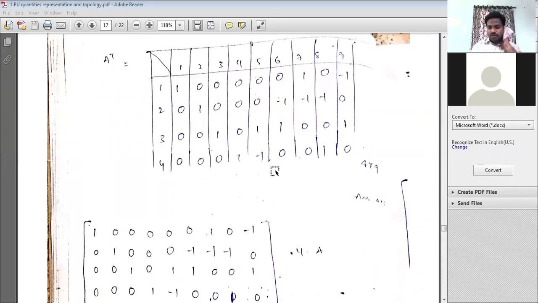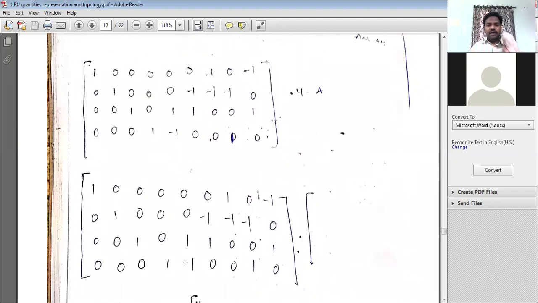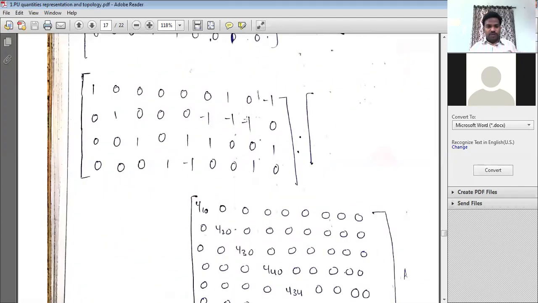So 1 0 0 0 1 0 0. Later we are going to multiply this with the next matrix. This is A transpose of size 4 by 9.